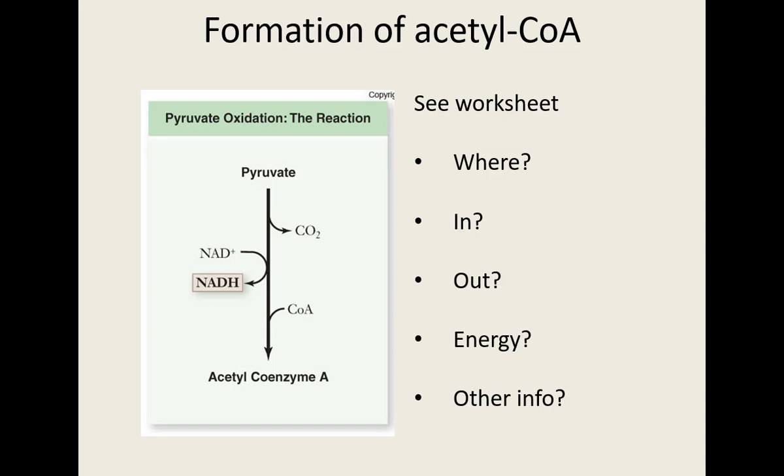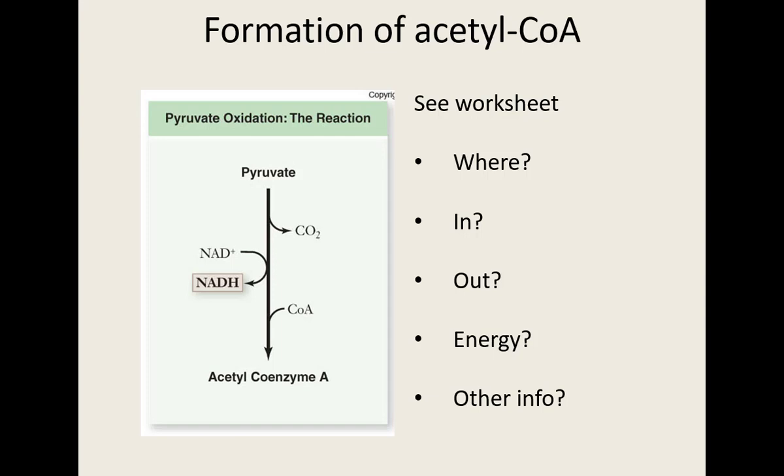What we get out are 2 NADHs, 1 from each pyruvic acid. So we get 2 NADHs. How many carbon dioxides? 2. I know I didn't write it in, but 1 here and 1 here.